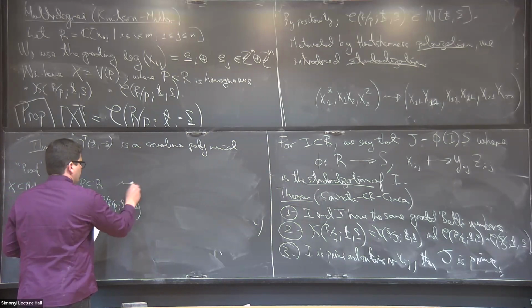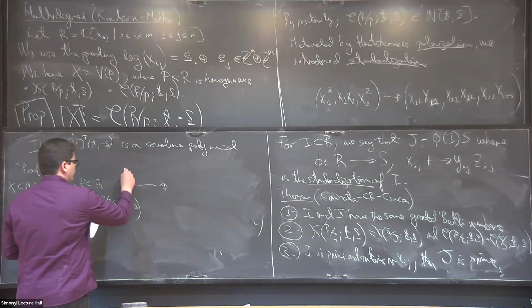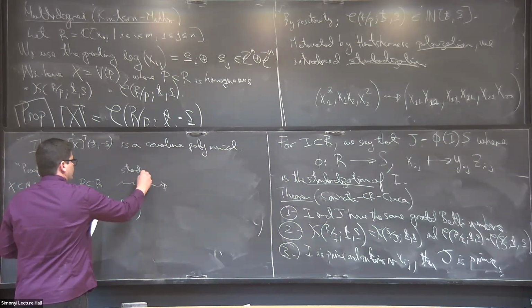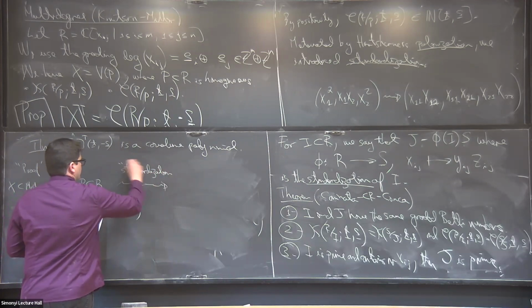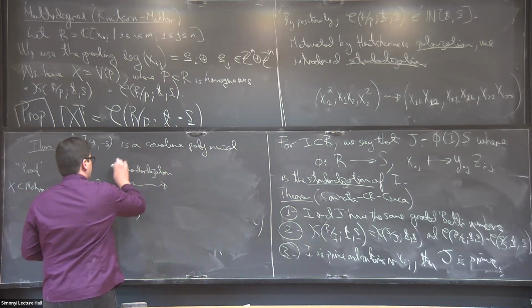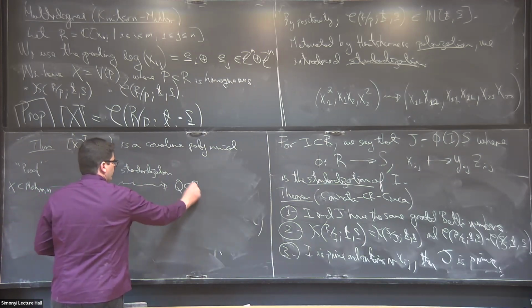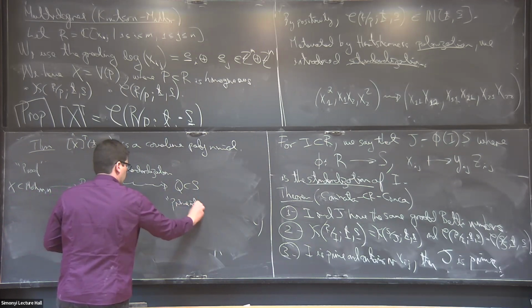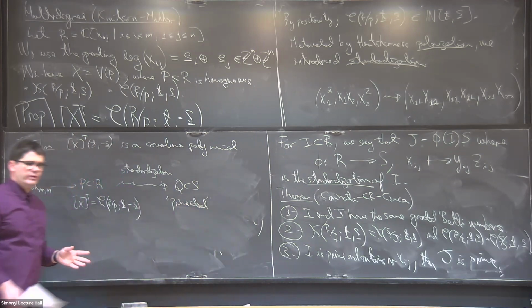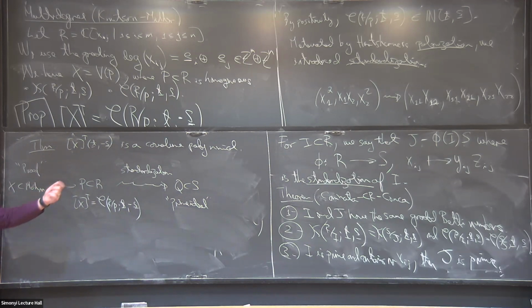And now here we use this standardization. Then we get Q inside S, and I'm putting here in quotations that it will be a prime ideal because we need to be able to handle the variables.